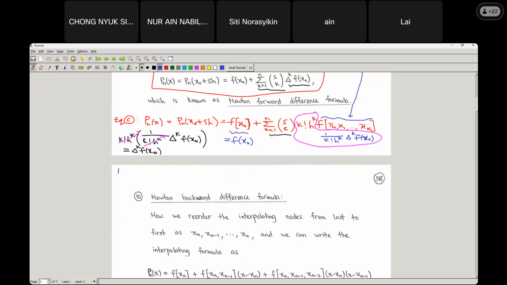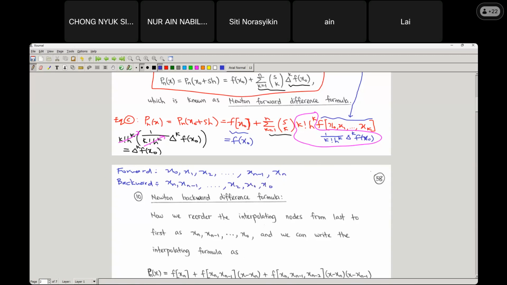Forward, we consider x0, x1, x2, xn minus 1, and then xn. Backward is the other way around. We start from xn, then xn minus 1, then x2, then x1, and then x0. So this is the backward.